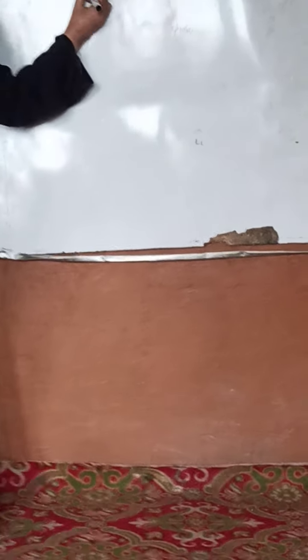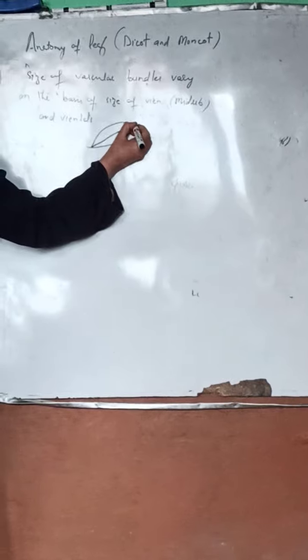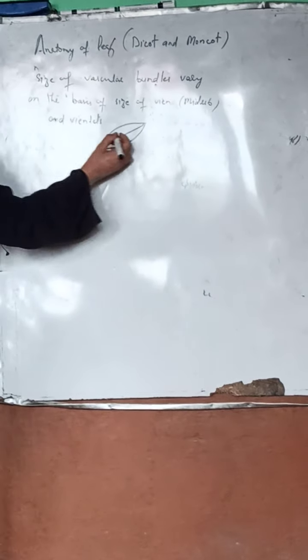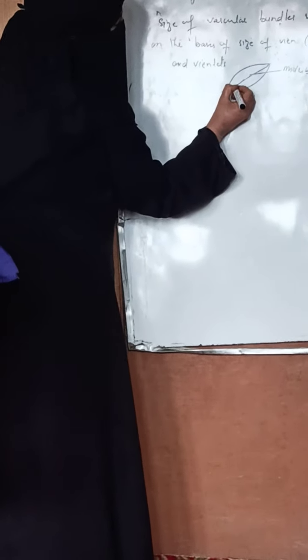For example, this is a leaf like this, and this is the middle vein. You can say middle vein or midrib, and there are veinlets.